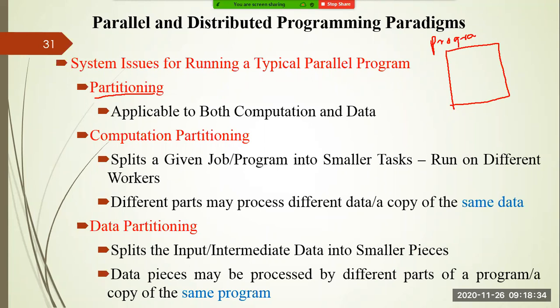You want to divide the program into smaller tasks. If you divide it into smaller tasks, then only can you distribute the small tasks to a particular computational resource. Or you can say, upon identifying the parallelism in the structure of the program, it can be divided into parts to be run on different workers.